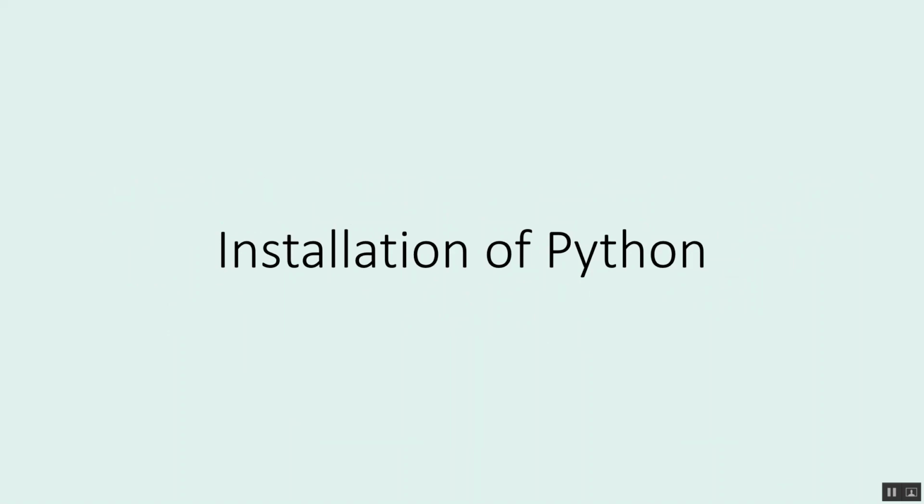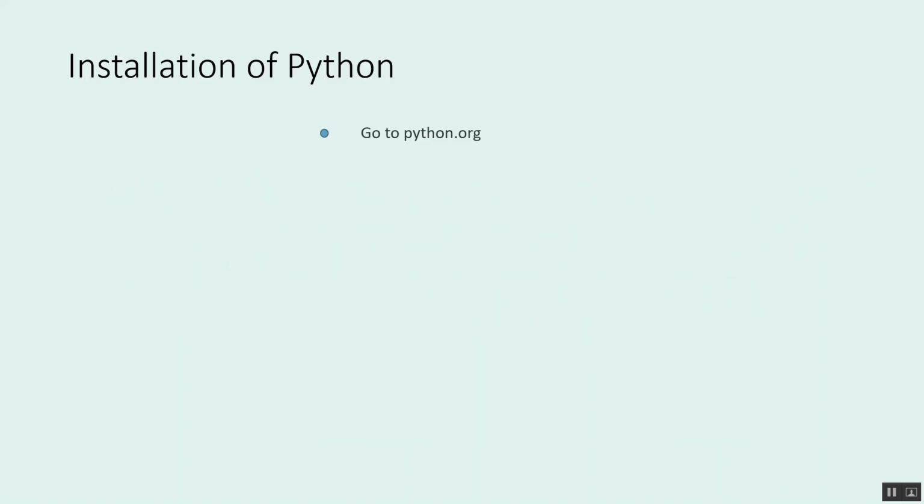So here's how we install Python. First we have to go to python.org, and then in python.org you will see a tab which has downloads. Okay, so you have to click the downloads, and then you could download Python 3.11.5 or 3.11.3.